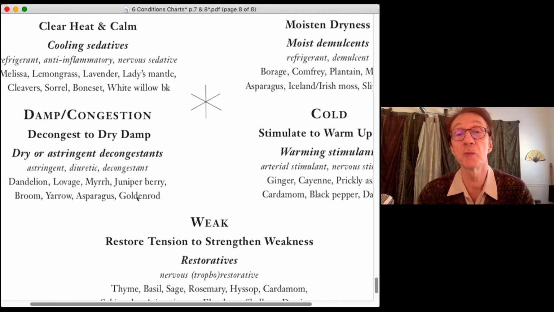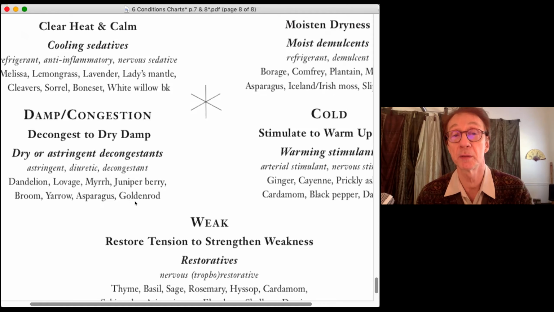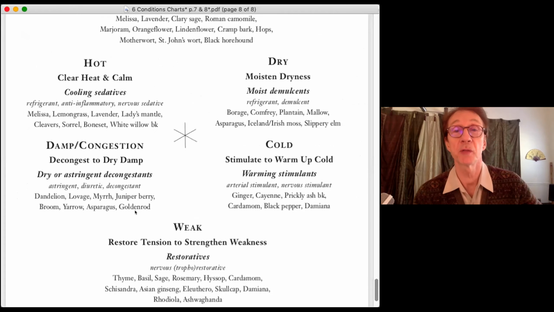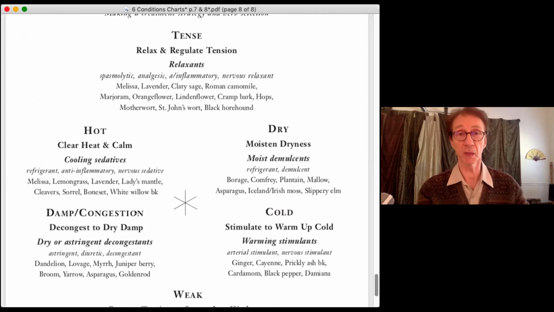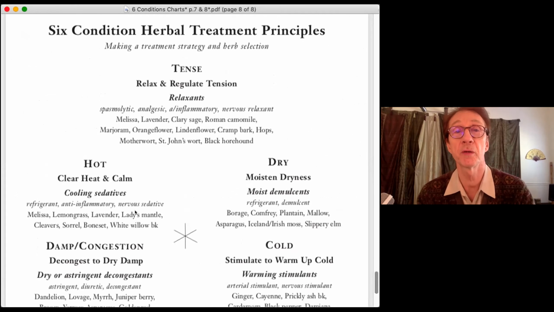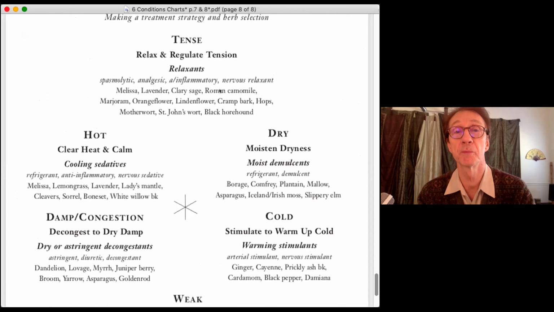I often use Galium aparine and goldenrod together to tone and detoxify the kidney. Okay, so I think that's all of them. So that gives you a quick overview of the herbs and the treatment for each treatment principle.